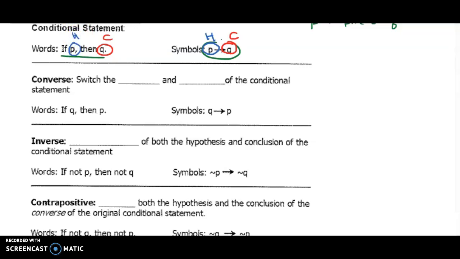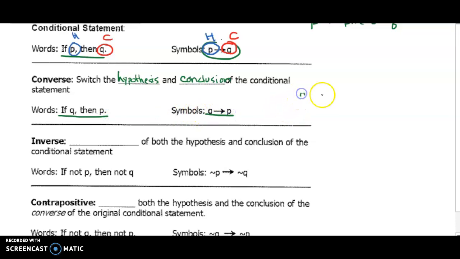All right, so now let's look at the converse. The difference between the conditional and the converse is that for the converse, all we do is switch the hypothesis and the conclusion of the conditional statement. So we're just flip-flopping them. Notice this was if P then Q. Now we have if Q then P, right?